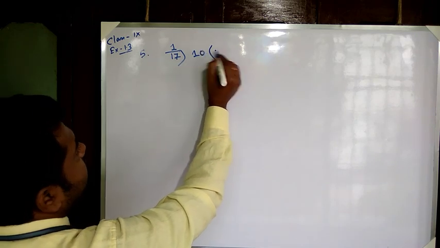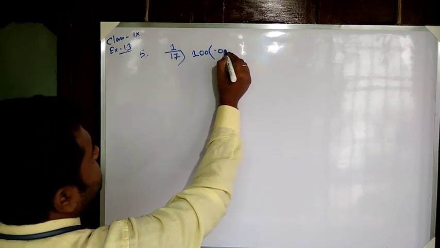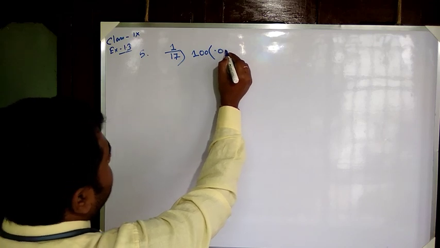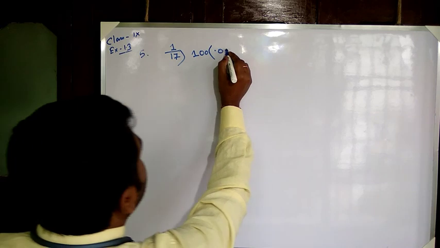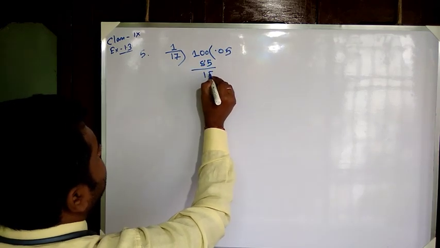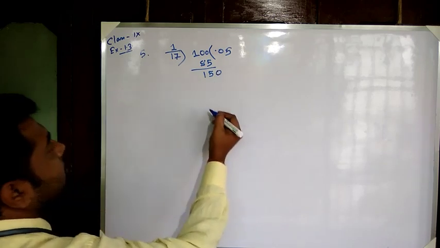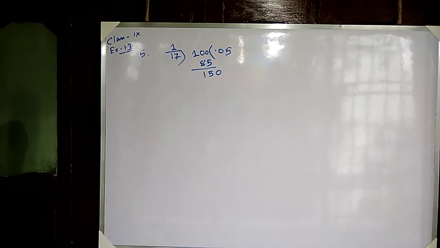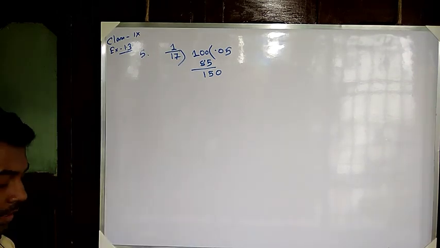So 0.000, here you will get again 0. Like this you can continue the process, but without doing this I can say how many numbers are there after the point.